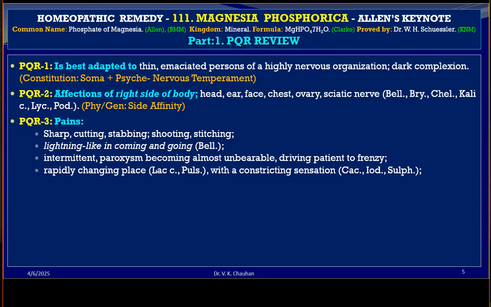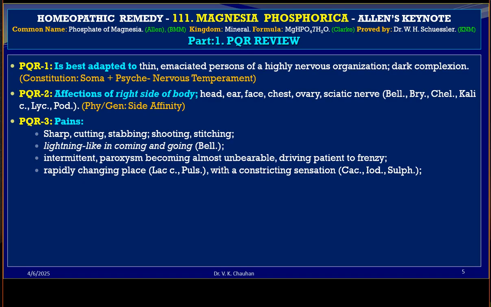Rapidly changing place. Now this intermittent, lightning-like pain, which is a neuralgic pain, is going to shift rapidly. So there appears to be no organic pathology. No organic pathology, like in teeth, if there is a pain, there is no cavity. There is no inflammation like pulpitis.